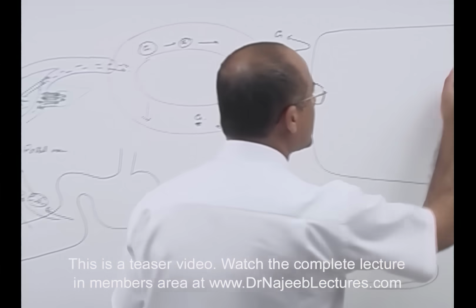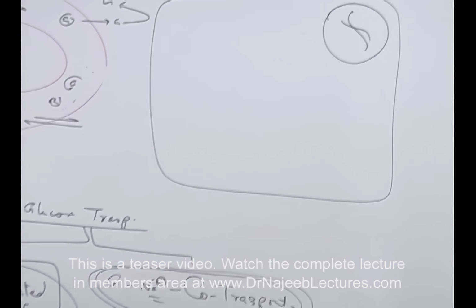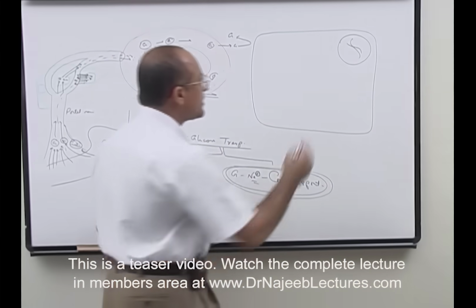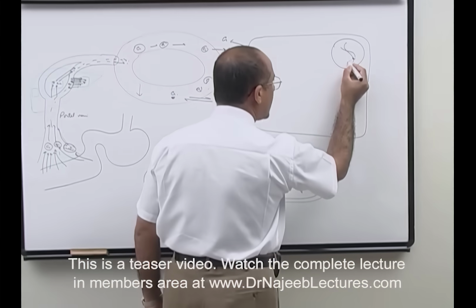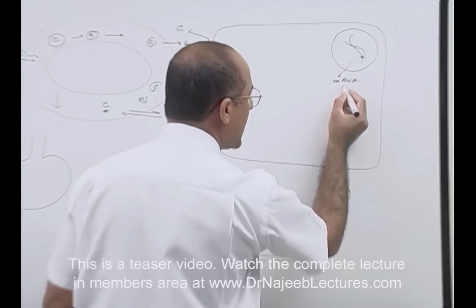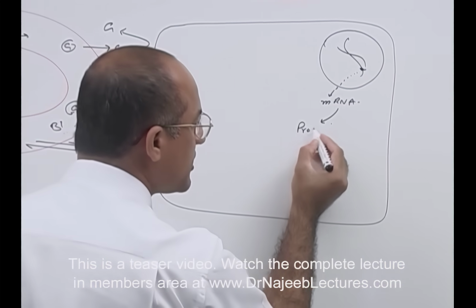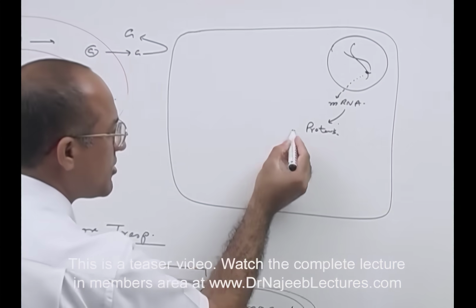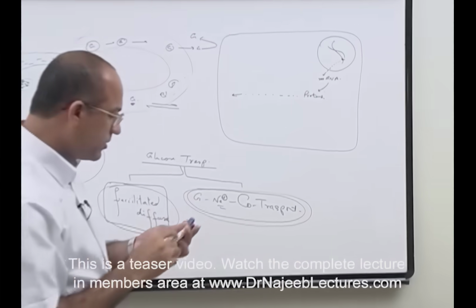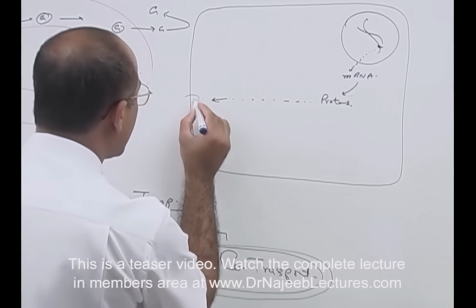So what really happens in the cells? Of course you know there is a nucleus, and in the nucleus there are genes, DNA, and some genes express and make messenger RNA, and when that messenger RNA is translated into proteins, those proteins will go into and get planted into the membrane, and those proteins are like this.